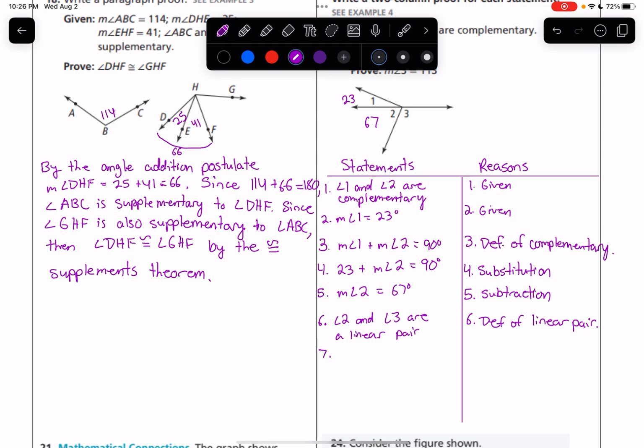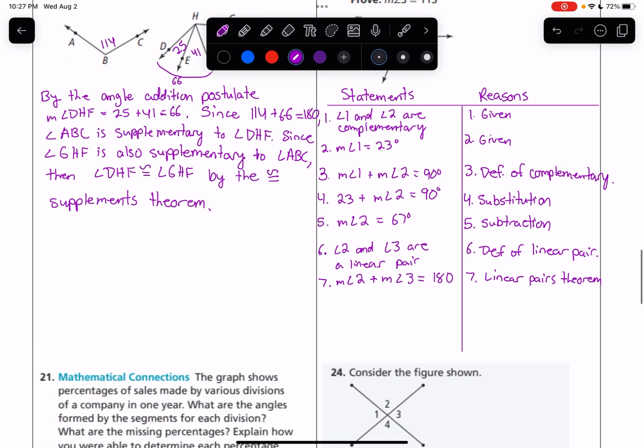We know that when we add them together, we get 180. So we can say the measure of angle 2 plus the measure of angle 3 equals 180. That is the linear pairs theorem. And then if we take the measure of angle 2, we know that from step 5, the measure of angle 2 is 67.